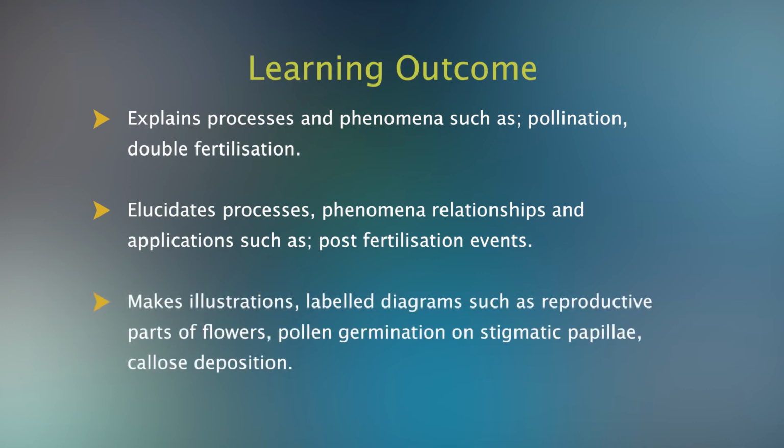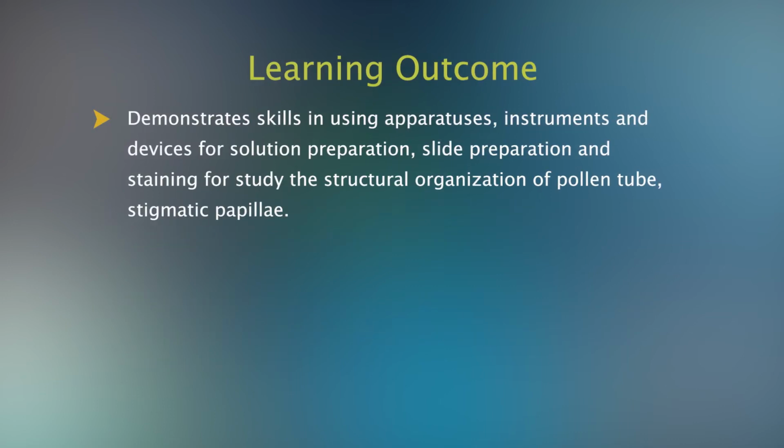Elucidates processes, phenomena, relationships and applications such as post-fertilization events. Makes illustrations, labels diagrams such as reproductive parts of flowers, pollen germination on stigmatic papillae, callose deposition. Demonstrates skills in using apparatus, instruments and devices for solution preparation, slide preparation and staining for study of the structural organization of pollen tube, stigmatic papillae.